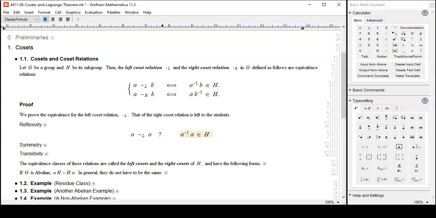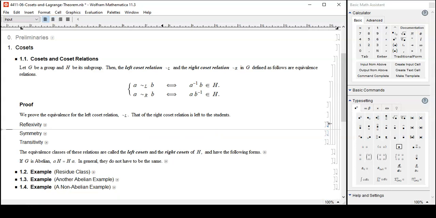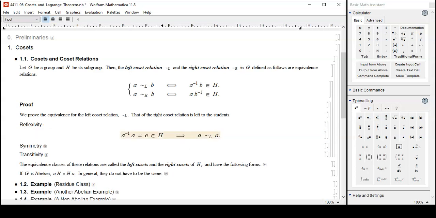And then what do you think? Is this true? Yes, of course. A inverse A is the identity E, and that always belongs to any subgroup. So the answer is clearly yes, and here's the proof. It's a one-liner.